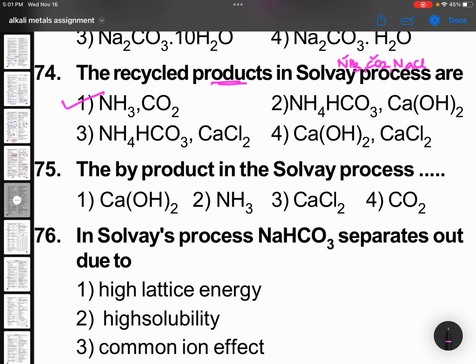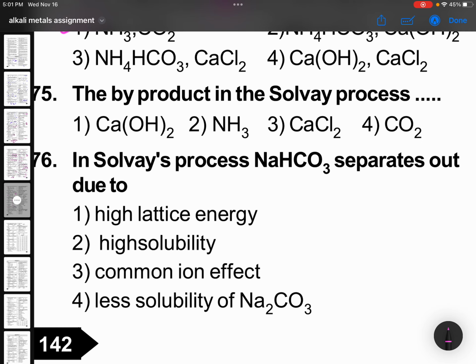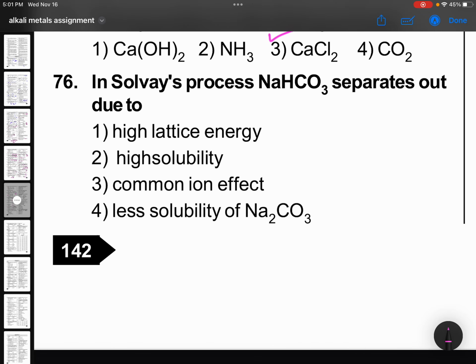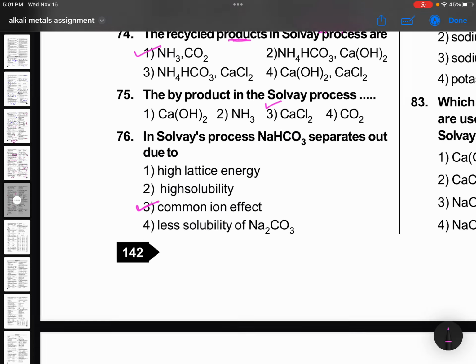You can use them again and again. The byproduct in the Solvay process is calcium chloride. In Solvay process, NaHCO3 separates out due to less solubility. Okay, now as we were discussing, common ion effect, less solubility. Reason, if you want, that is common ion effect. Okay, now it is separated out because of common ion effect.